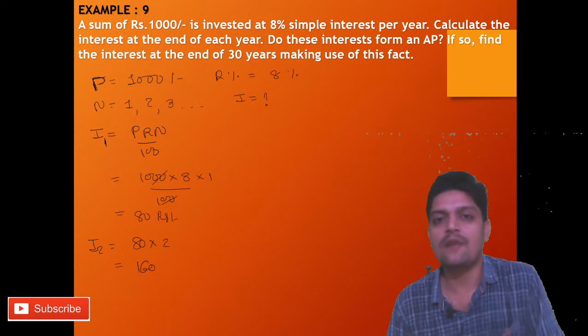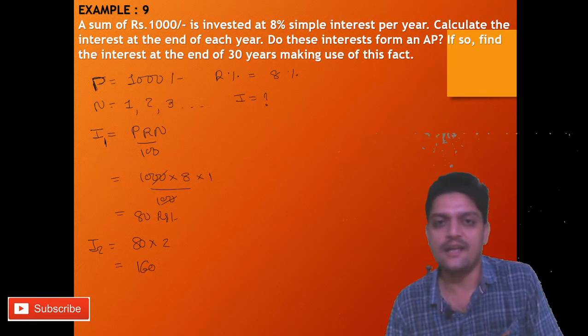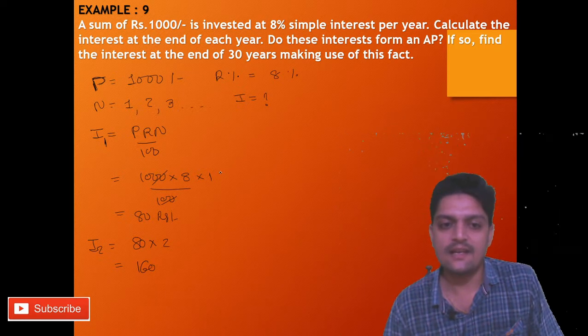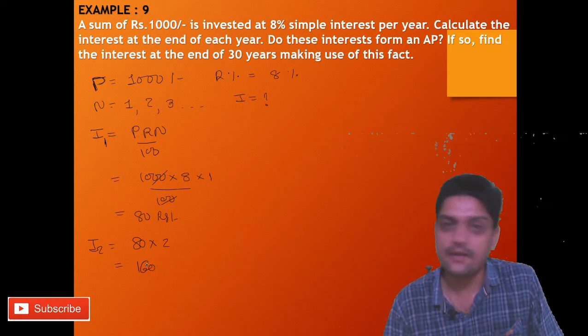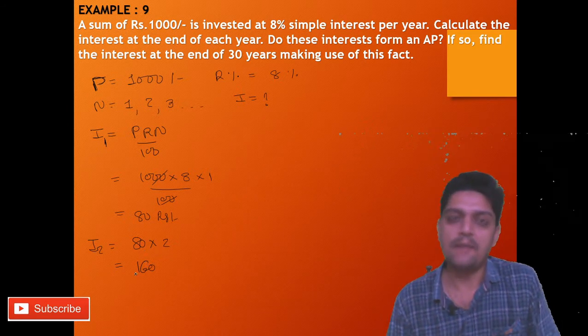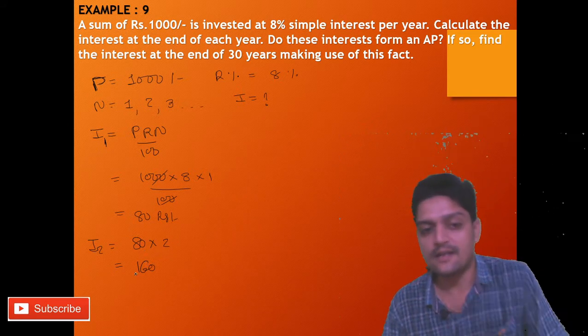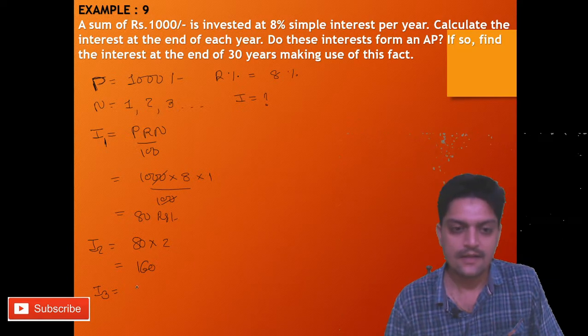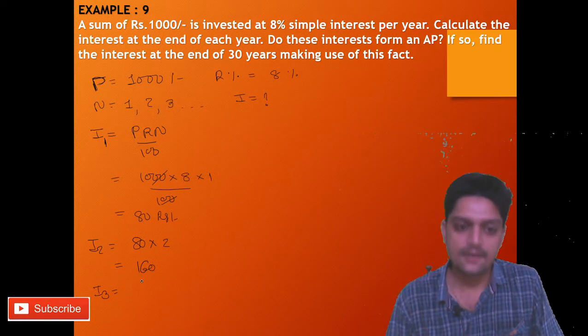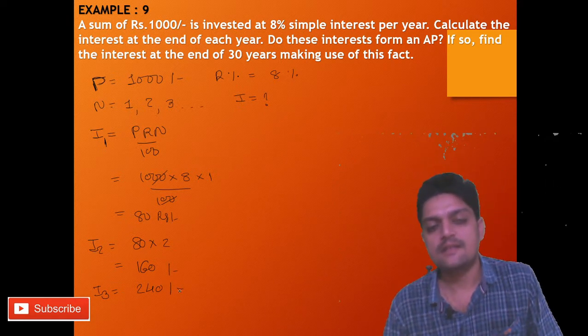It's not required to calculate again and again, because here instead of 1 you should use 2, so directly multiply by 2, and for the third year multiply by 3. So let me write I3, that is 8 3s are 240. So for the first year 80 rupees, then 160, then 240.